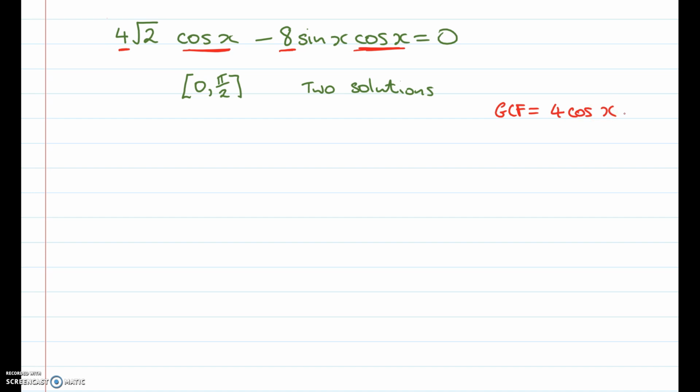Let's remove that, and if you do that, you get 4 cosine x, and what you're left with is root 2 minus 2 sine x equals 0.